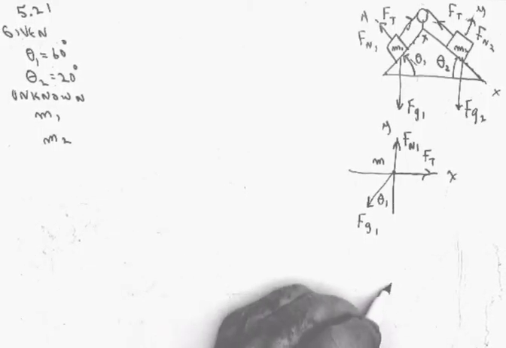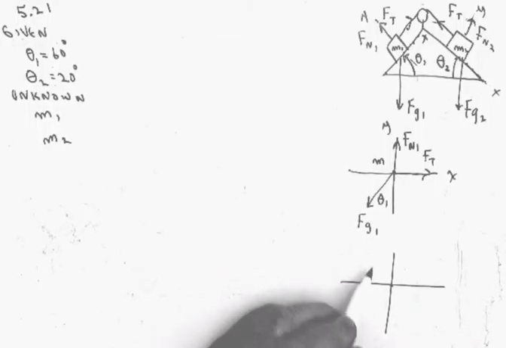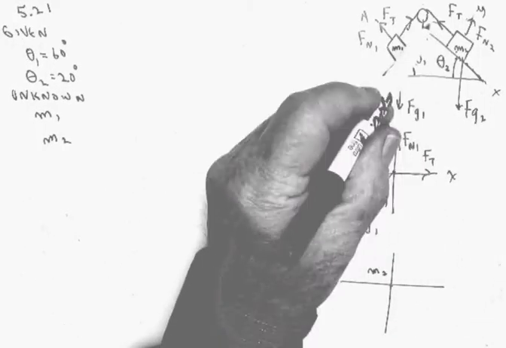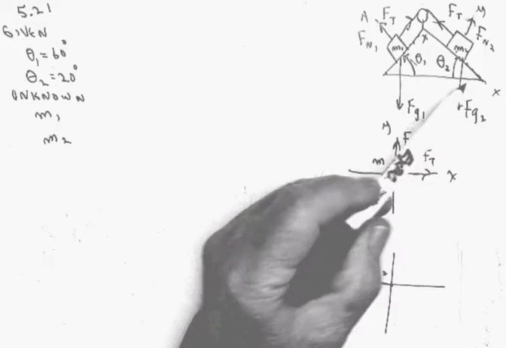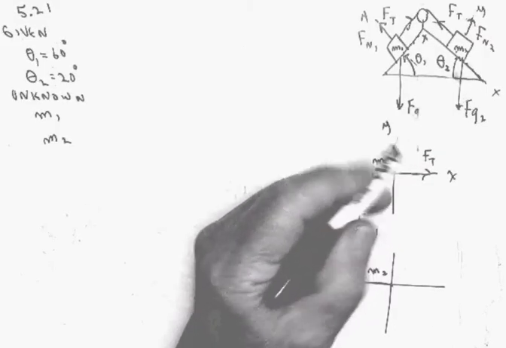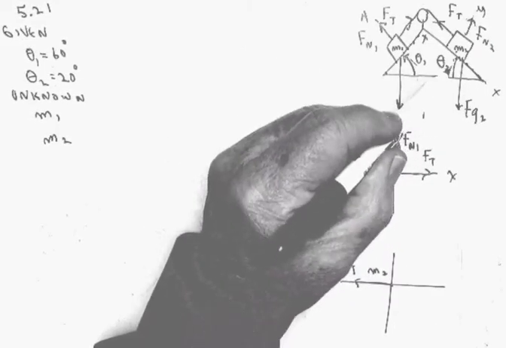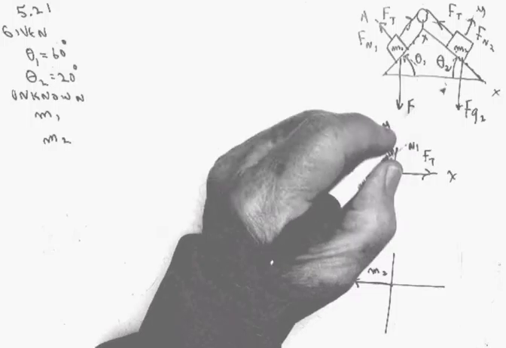Now, the free body diagram of the other one is very similar. This will be M2. In the negative x direction, there's a force Ft. Let's extend the y-axis down. Here's theta right here.